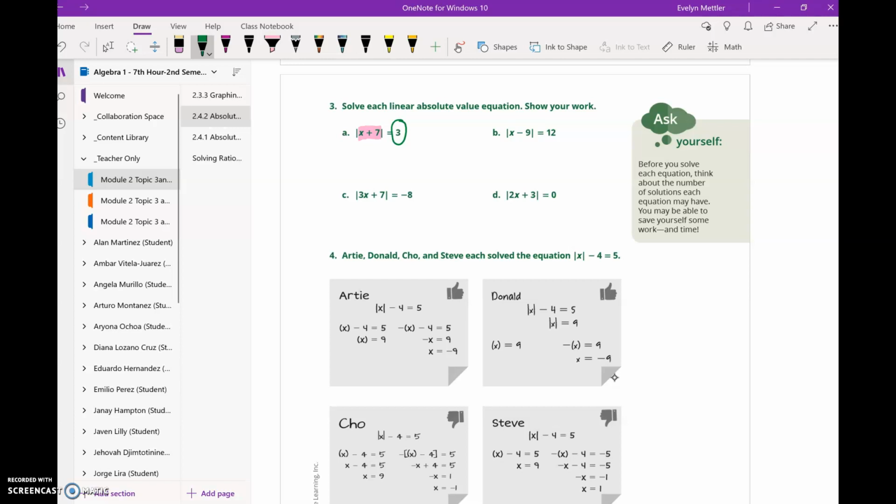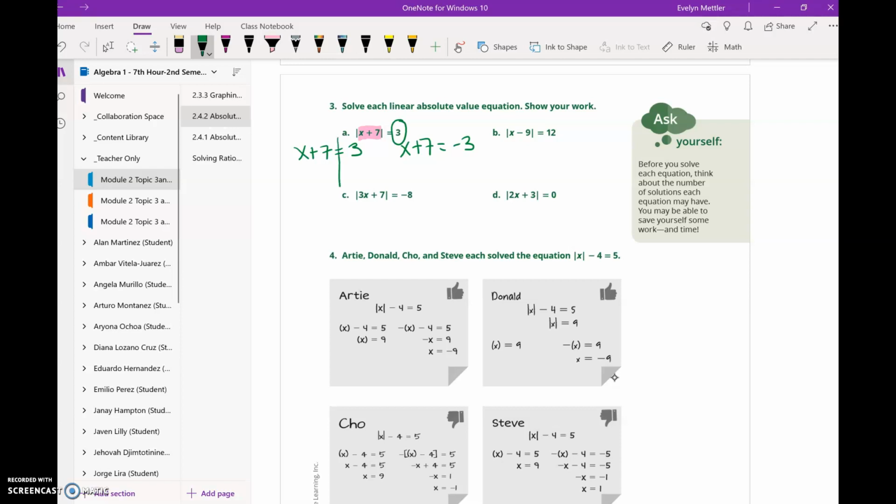It could be 3 to the left or 3 to the right. So when I actually solve this, I'm going to have two answers. A number plus 7 is either 3 away from 0 to the right, or a number plus 7 is 3 away from 0 to the left. So I'm actually going to have two answers, and I'm going to have two equations to solve.